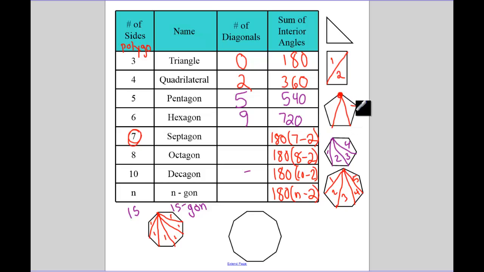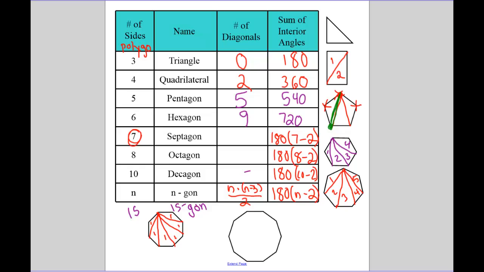I can't draw to that vertex, and obviously I can't draw it to its original. So for an n-gon, it's the number of vertices times the number of diagonals I can draw out of that vertex. Well, that's n minus 3. Now I have to divide by something, because if I go down to this vertex, that diagonal is the same one that I've already drawn, so I have to divide by 2.